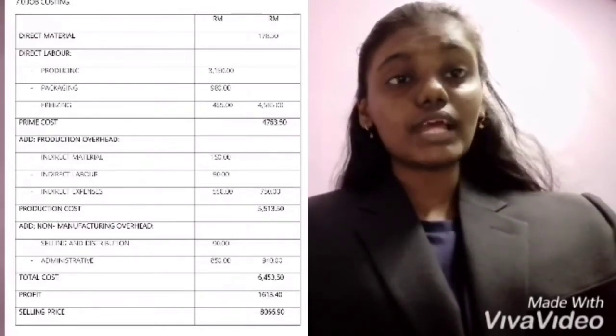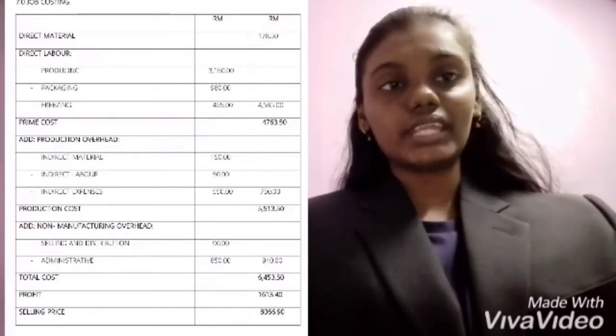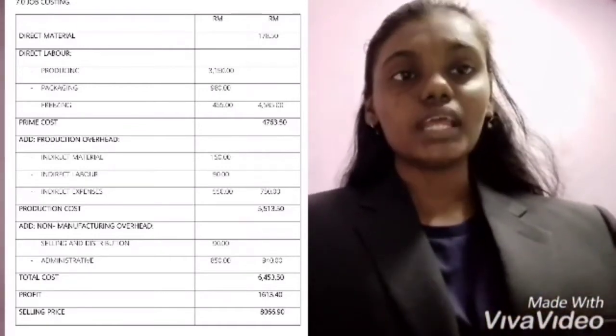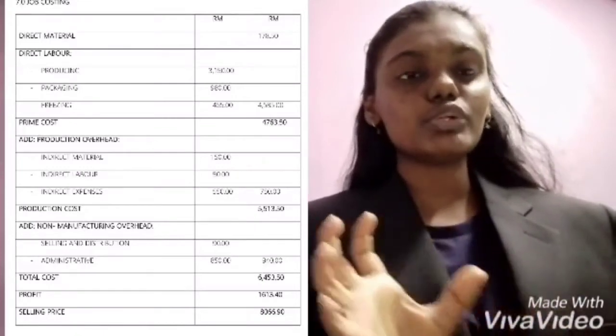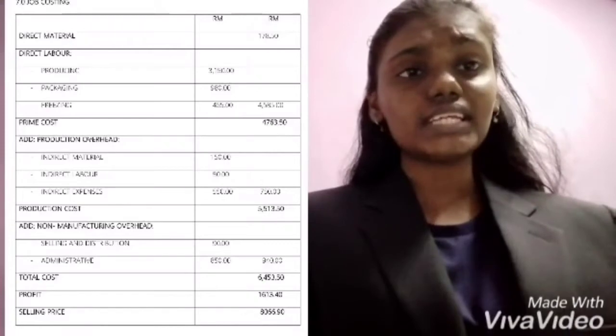The amount that we spend on these expenses is 90 ringgit. As mentioned in our job costing statement, under non-manufacturing overhead, the selling and distribution part holds 90 ringgit as our advertising expenses.